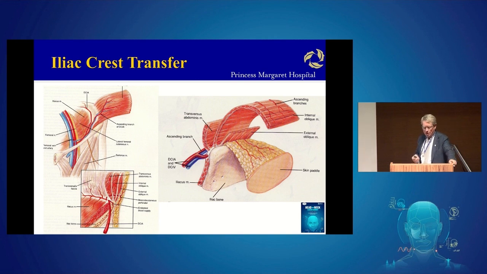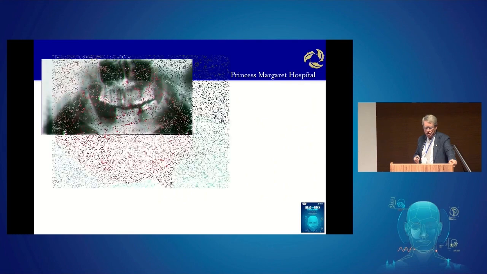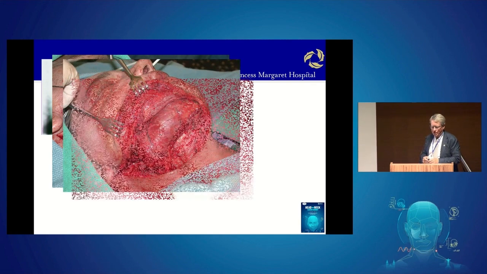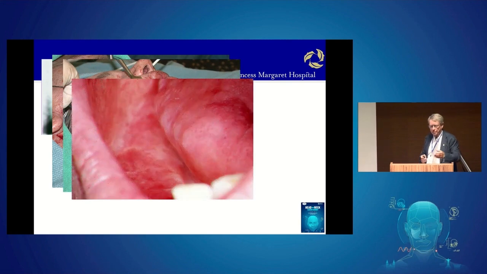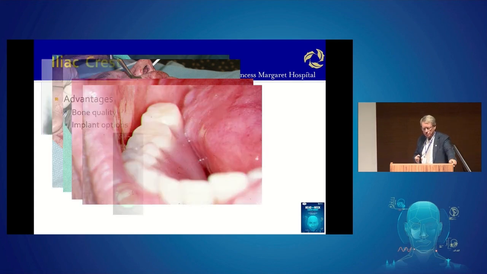Just two words on the iliac crest. This is an older flap. We do have some experience with it. We've stopped using it in the last 15 years. A great flap for lateral mandible and midline mandible reconstruction, harvested with the internal oblique to recreate the lining of the oral cavity. And this is an example of a late result in a patient who's had that reconstruction and dental reconstruction.